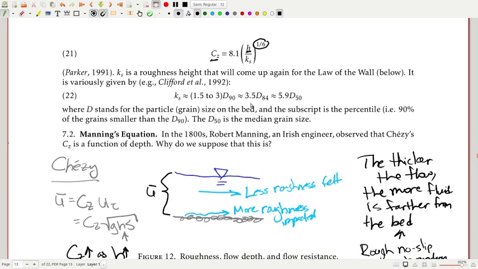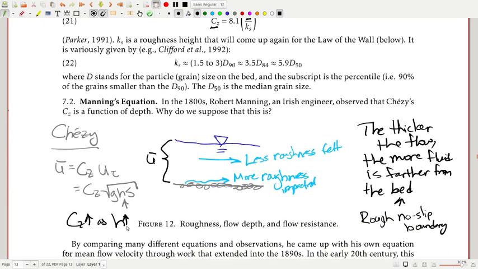And if we think about this 1/6 power that's up here, and this power of 1/2 that's here, so then if we have Chazy coefficient is proportional to h to the 1/6, then we end up having h to the 1/6 times h to the 1/2 from the square root here. And so that gives us something like h to the 2/3 times g times s to the 1/2 from the square root term right there.